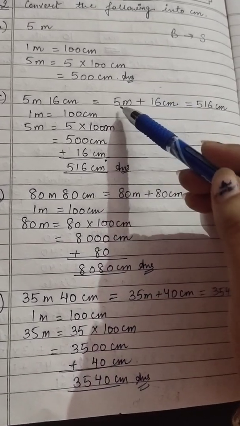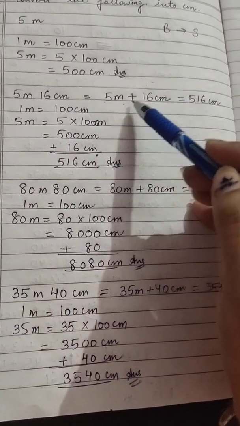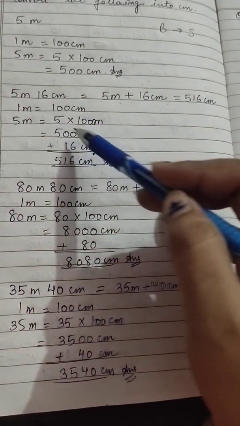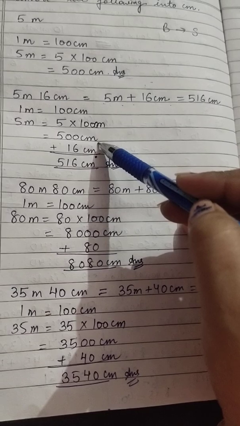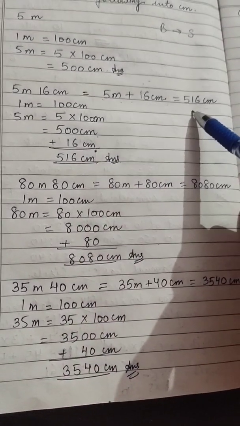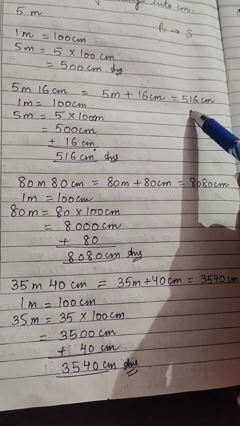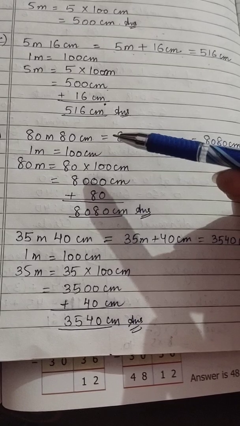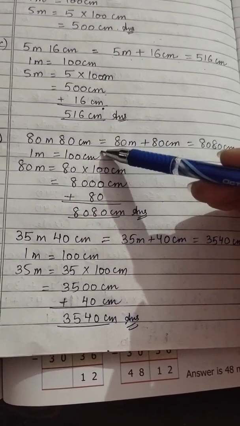Here we can divide this in two parts: 5 meter plus 16 centimeter. We will convert 5 meter into centimeter. This comes out to be 500 centimeter. Then plus 16, this comes out to be 516 centimeter.